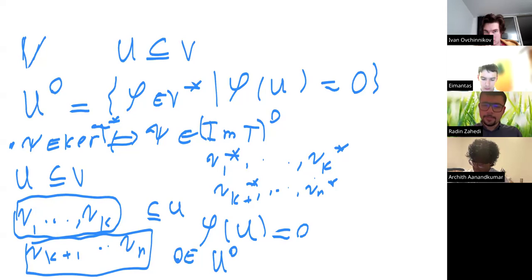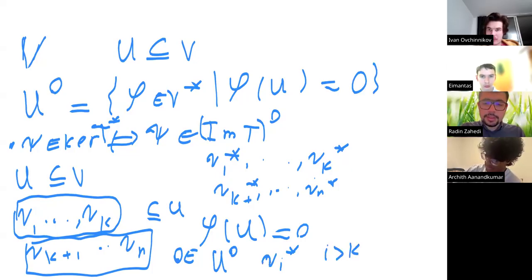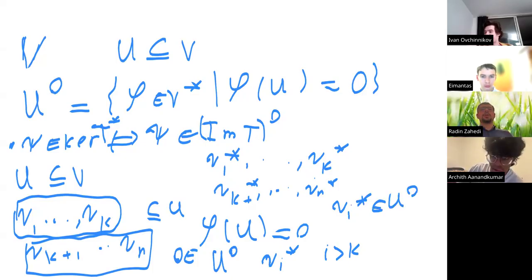So clearly, each vi star for i bigger than k is in the annihilator. Because of course, all the elements of U have coefficient 0 on vi, because they're only constructed from v1 up to vk.